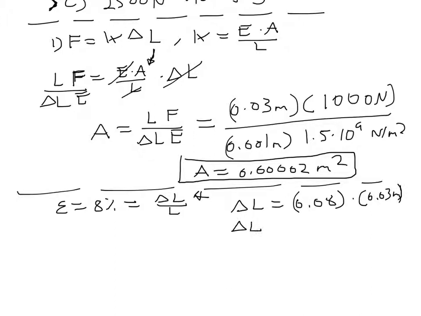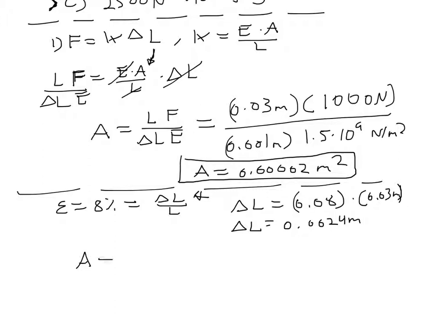And when we multiply that out, we find that the change in length of this tendon without the tendon incurring an injury can be up to 0.0024 meters. At this point, we're able to go back and use our equation where we solved for the cross-sectional area to figure out the cross-sectional area of the tendon so that it withstands that change in length.